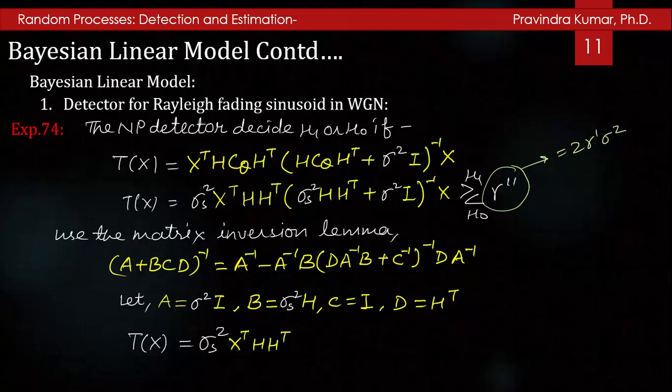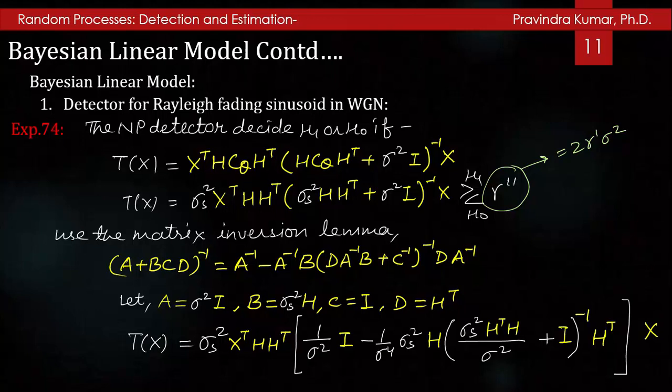Then the test statistic will be sigma s square X transpose H transpose times 1 by sigma square I minus 1 by sigma to the power 4 sigma s square H times the inverse of the matrix (sigma s square H transpose H by sigma square plus I) times H transpose, and X, the observed data.